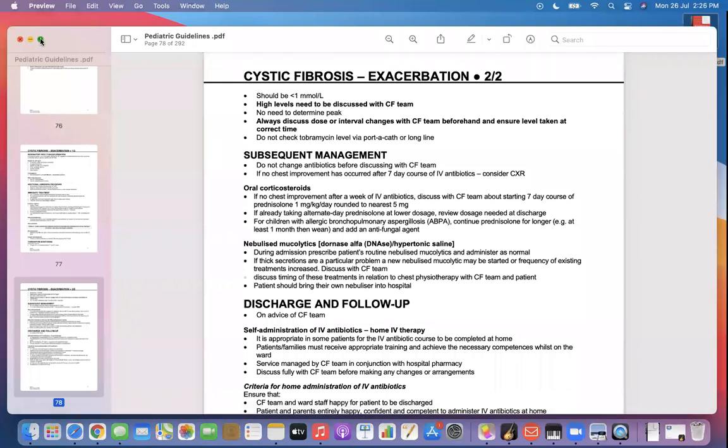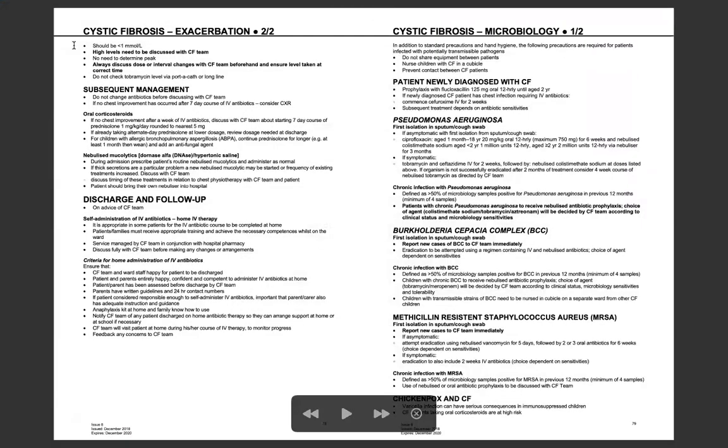You will educate the patient and parents about how to do the physiotherapy frequently at home, and how to keep the follow-up with the GP or CF team. These things you should know.